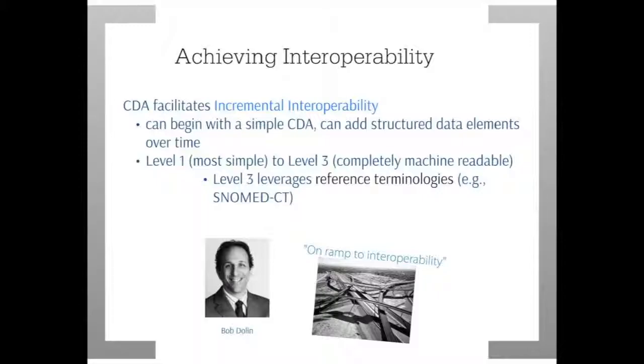So it's a mechanism for taking a simple CDA, and over time that can become more structured, so you can leverage more and more data, and you can begin with something simple, but then the more you have mapped to various reference terminologies, the greater the propensity for reuse. So that's about all I have, but I welcome any questions.